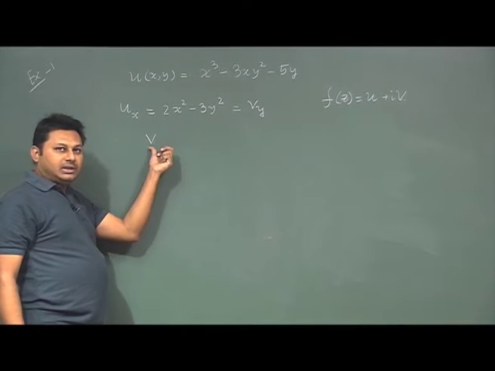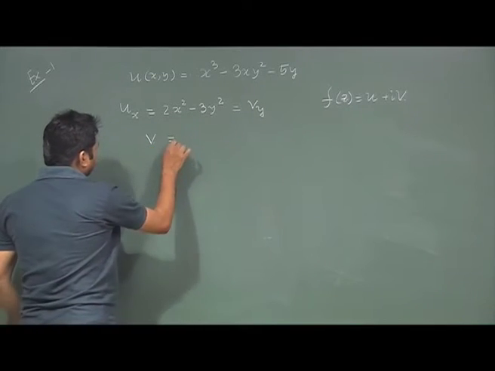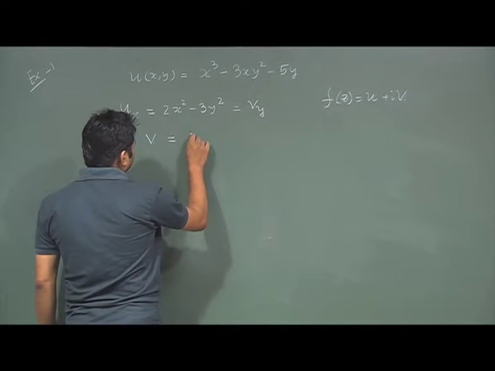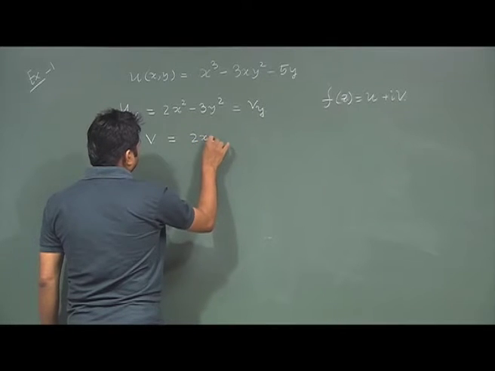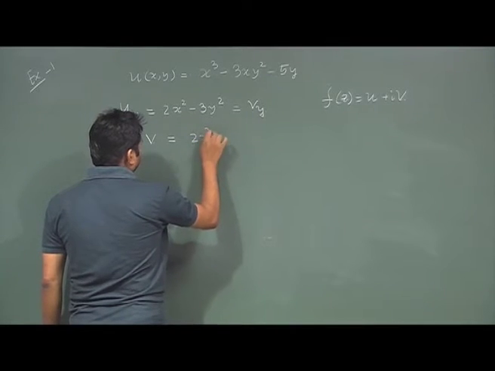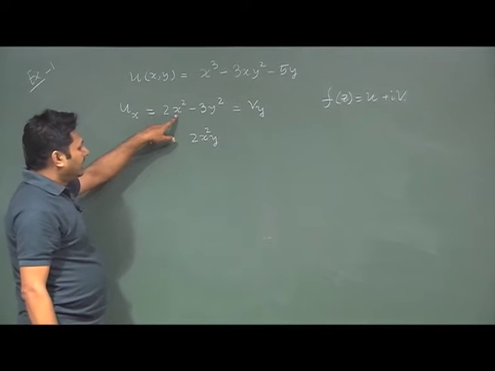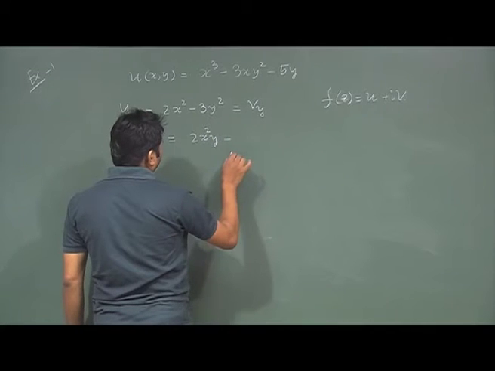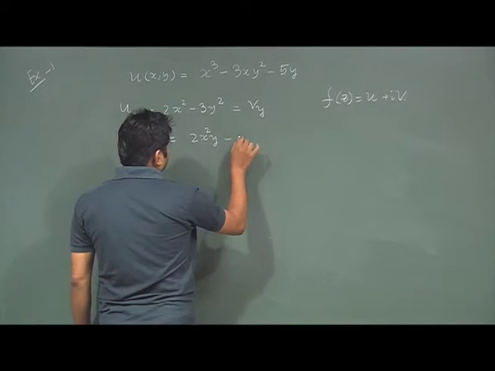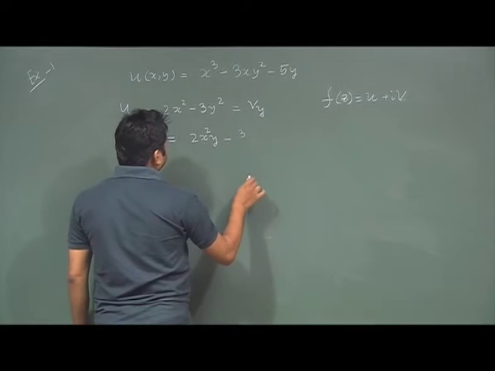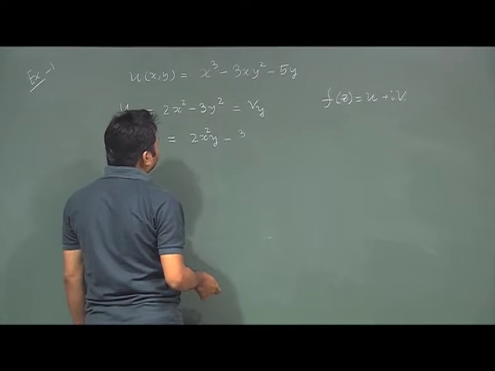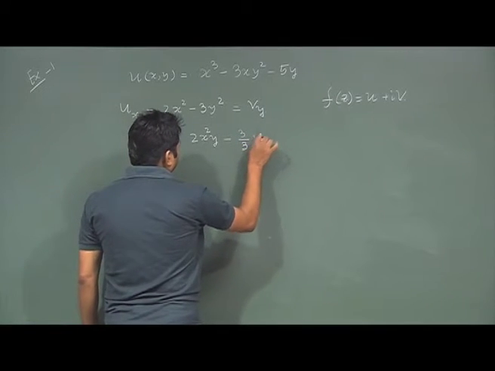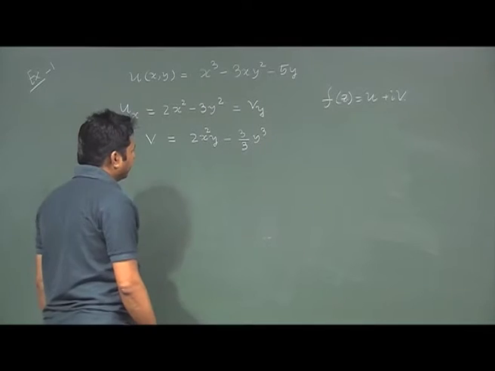So, v should be the integration of this quantity. So, it will be just 2x square y, because x will behave like a constant here, and this quantity is minus of 3. If I do the integration, then one third will come, y cube I am having.